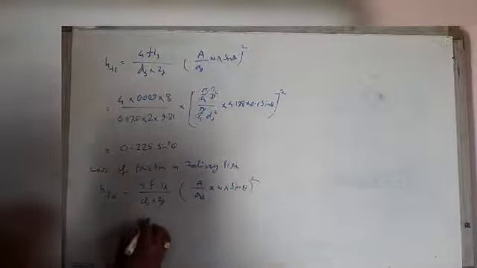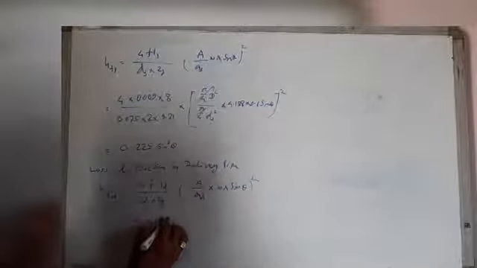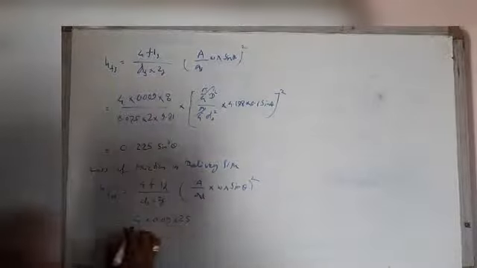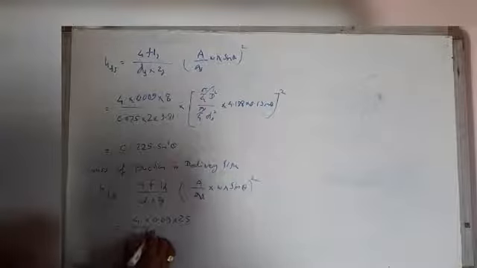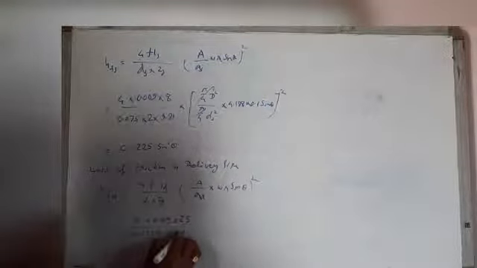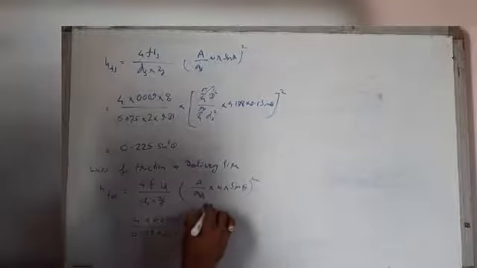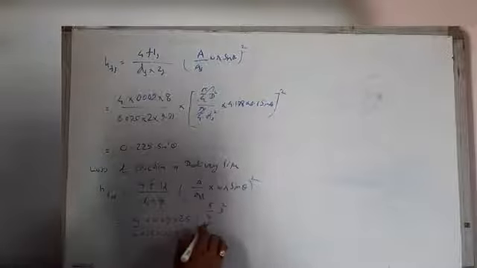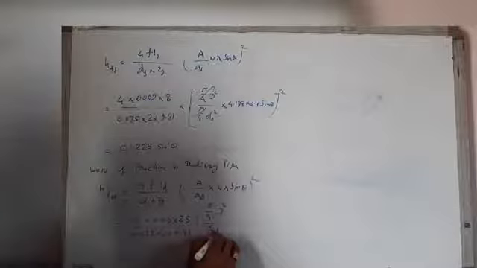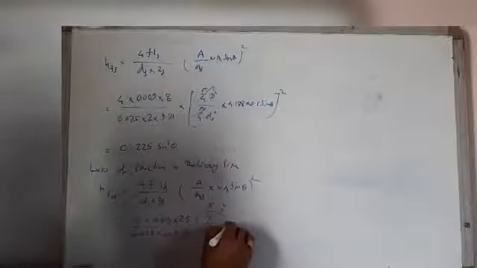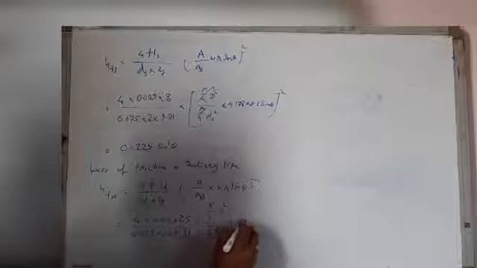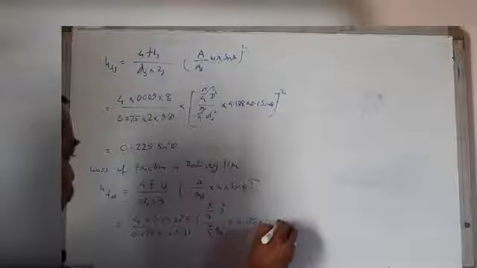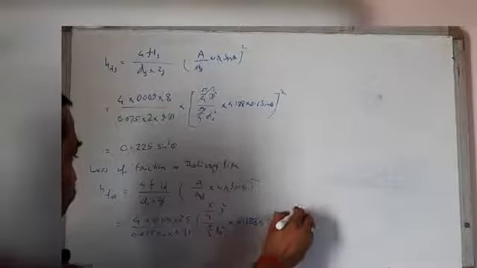Putting the values here, 4 into 0.009 into 25 by 0.075 into 2 into 9.81, pi by 4 d square by pi by 4 dd square into omega is 4.188 into 0.1 is r into sin theta whole square.